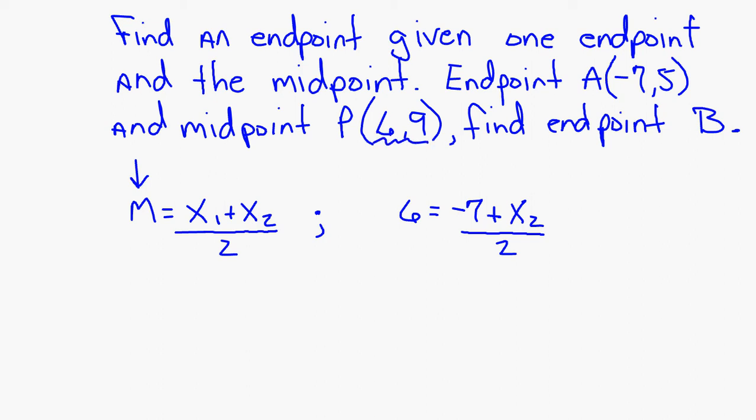So we're going to substitute the 6 for the midpoint x and substitute the negative 7 for the x sub 1, because we need the x sub 2. We need the other x value at the end. So now you can just multiply by 2. So 12 equals negative 7 plus x sub 2. And then add 7 to each side.